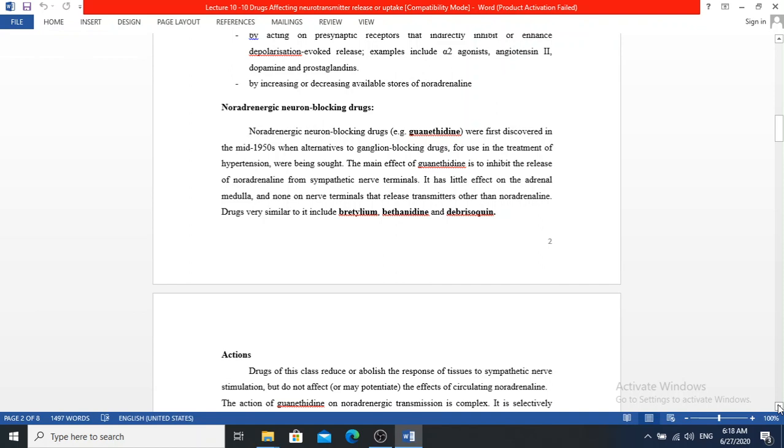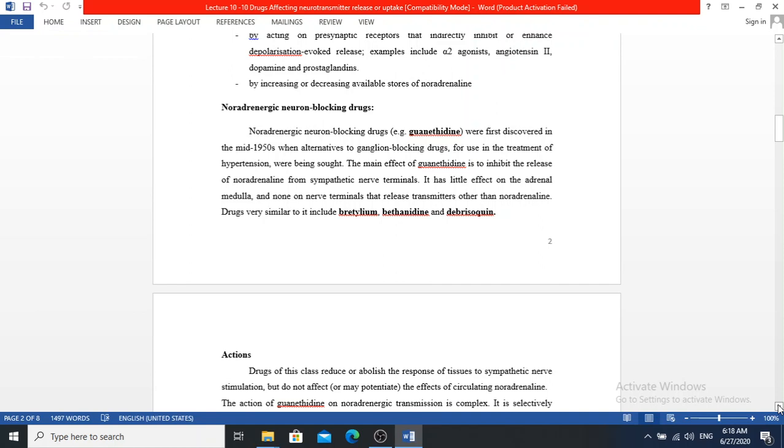The main effect of guanethidine is to inhibit the release of noradrenaline from the sympathetic nerve terminals.